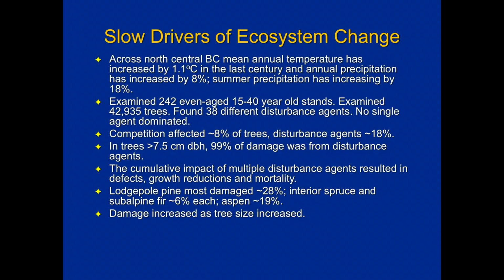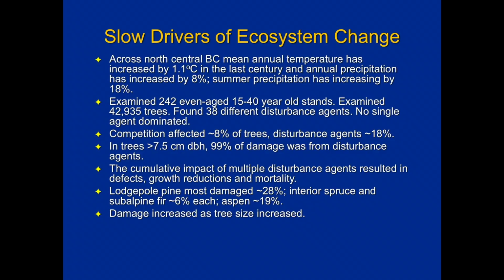Highway 16, north and south. So that's where we looked at them. I think we looked at 240 plantations between 15 and 40 years old. Each plantation got 10 plots put into it. And then we had a look-see at how all the trees were making out.